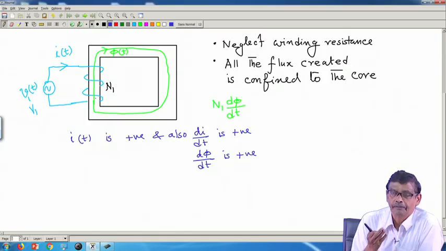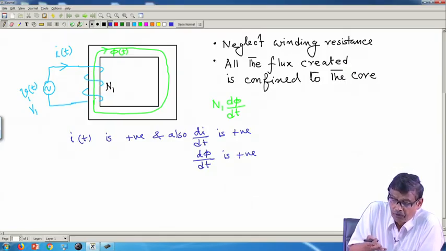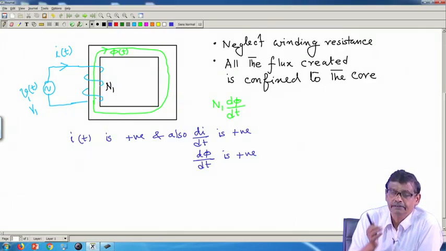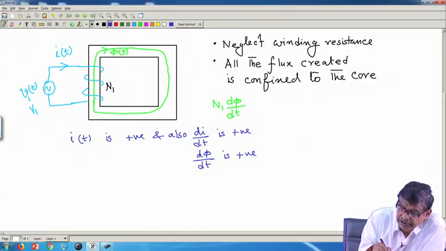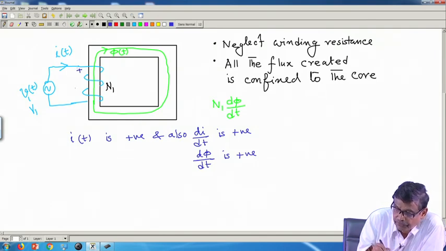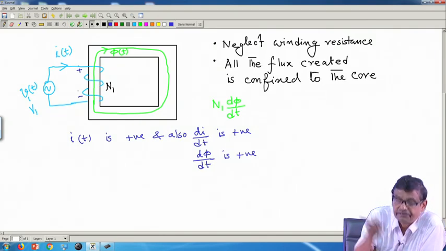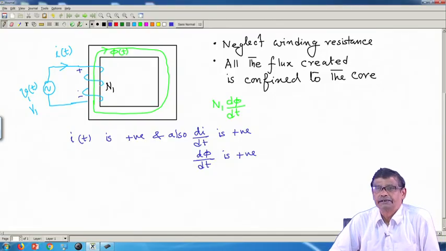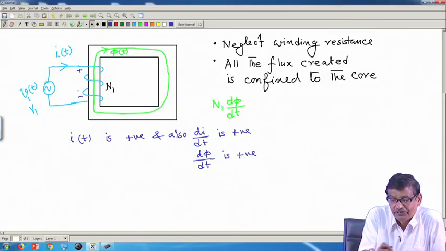That means, at this instant the flux linkage with turns N1 is a positive number, it is increasing, d phi dt is positive. And what is the cause of this induced voltage in this coil N1? Because i(t) is increasing. Therefore, the polarity of this induced EMF will be such that it will try to oppose this increase in current i(t). That is why it will oppose the supply voltage.